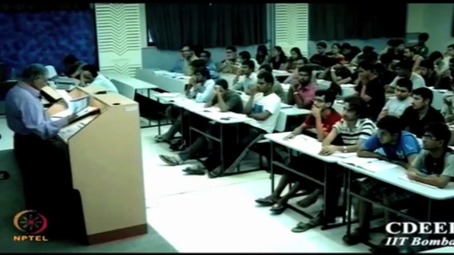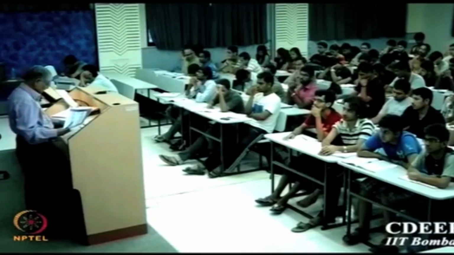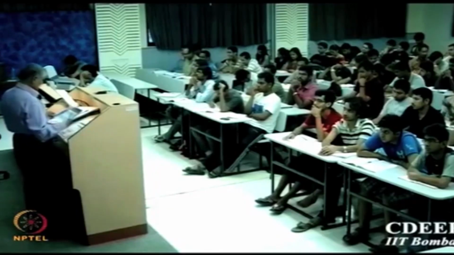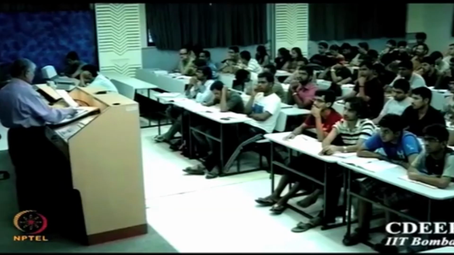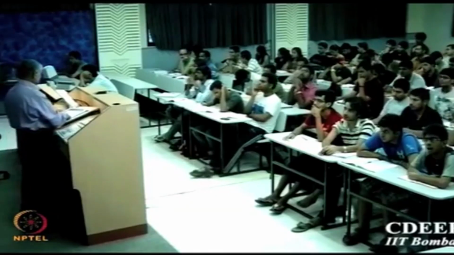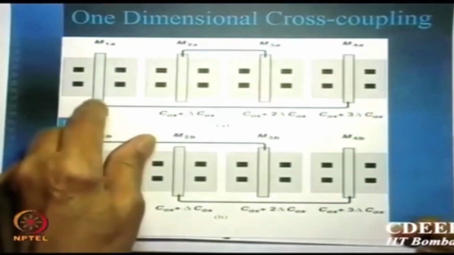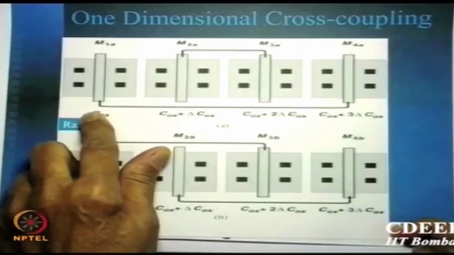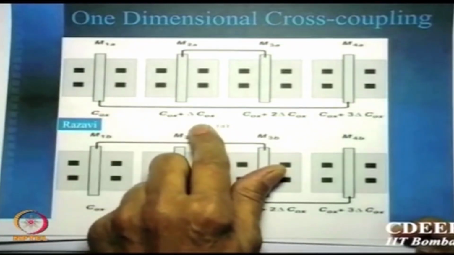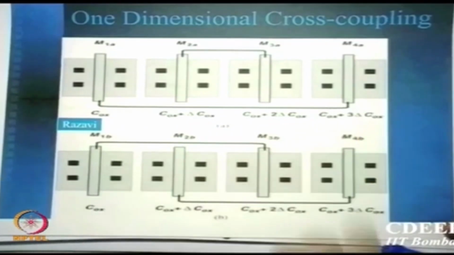Now here is something very interesting, not data, but calculations given by Razavi. Same thing can be explained from here. You have four transistors, M1, M2, M3, M4. Let us say due to the gradient, the oxide capacitance is Cox, Cox plus delta Cox, Cox plus 2 delta Cox, and Cox plus 3 delta Cox.